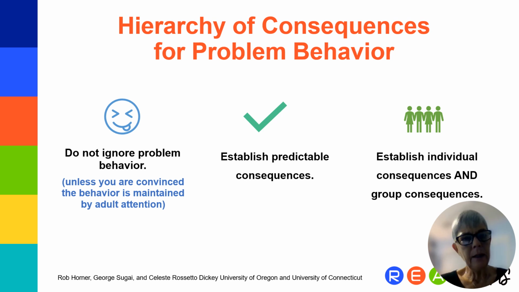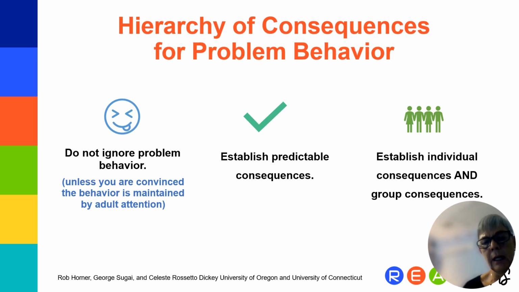If student A gets this consequence for this behavior, student B should get the same consequence for that behavior, unless there's some kind of tier 2 or tier 3 individual plan for those kids. But across the board, we need to make sure that we're being consistent in our administration of the consequences, no matter who the kid is, if we like the kid, don't like the kid, who's the kid's mama, and that kind of stuff. And we also want to think about establishing those individual consequences, perhaps in group consequences.